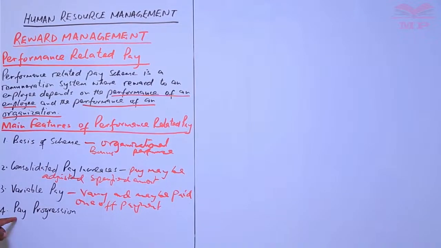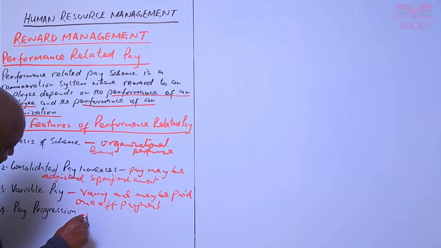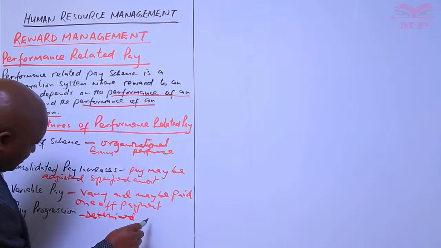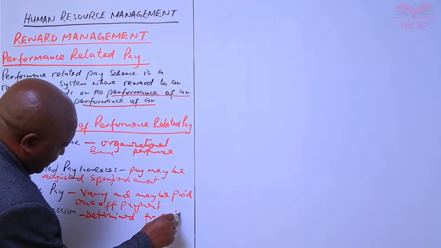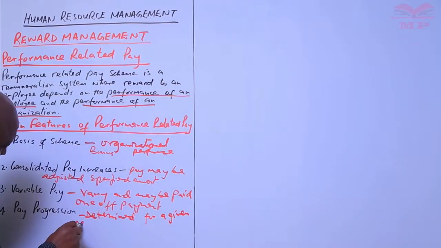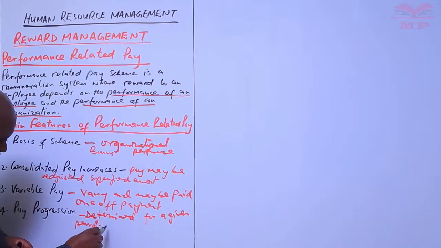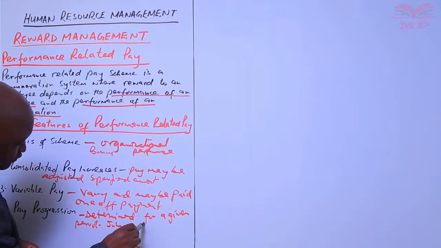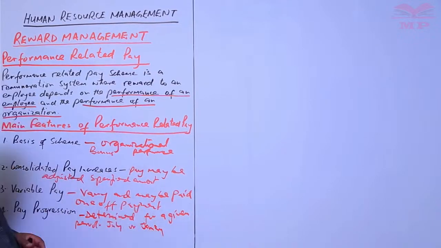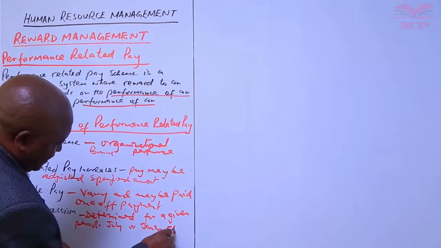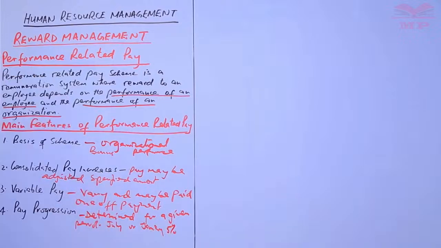Then there could also be pay progression determined for a given period. So you may, for example, say there will be pay progression at the end of one year, maybe in the month of July or January, and it will progress at a particular percentage, say 5% of the prevailing scale and so on.